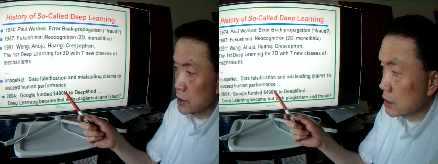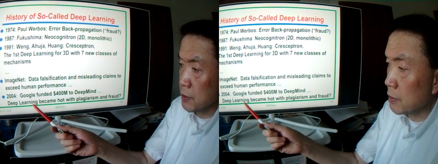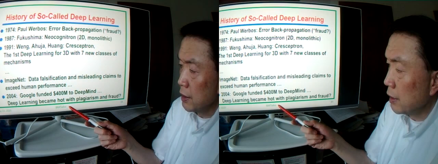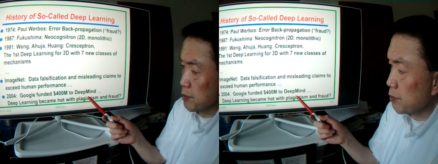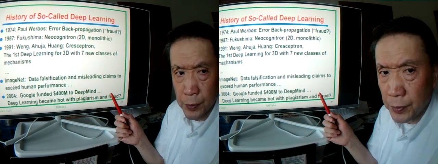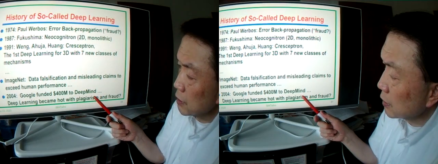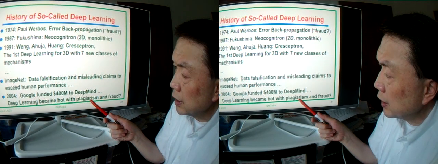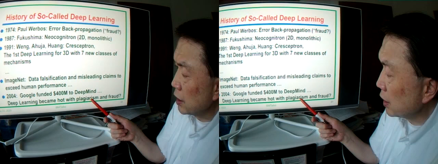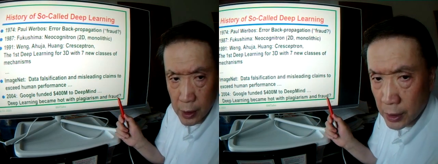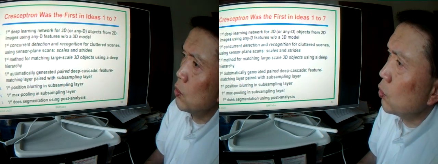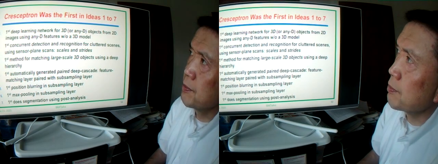Because of this investment, suddenly deep learning became hot, but there is an issue of plagiarism and fraud. I will talk about the question of plagiarism over this talk and about the fraud in the next episode. So what's new for Cresceptron?